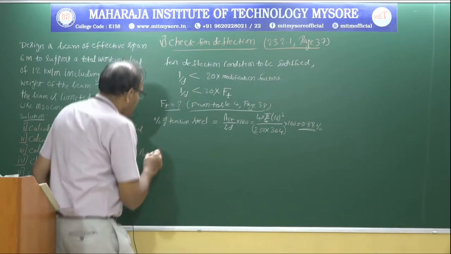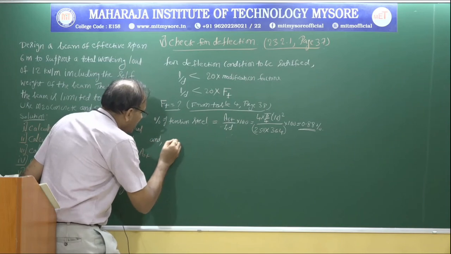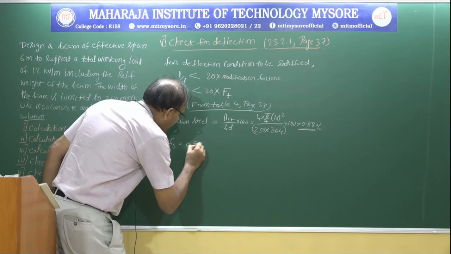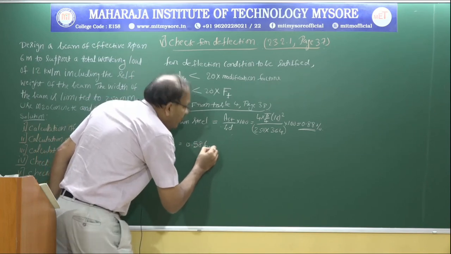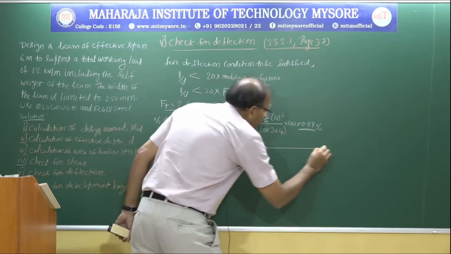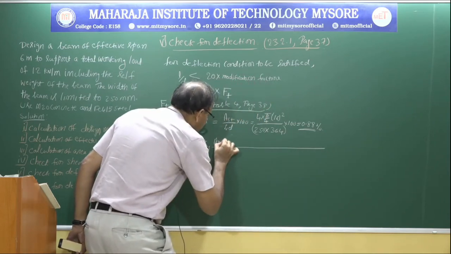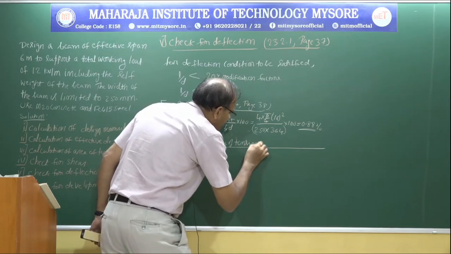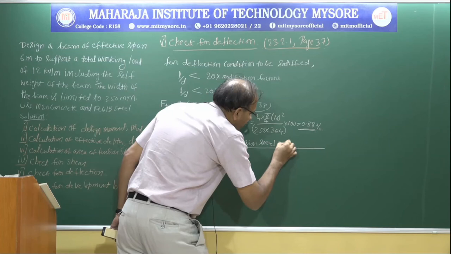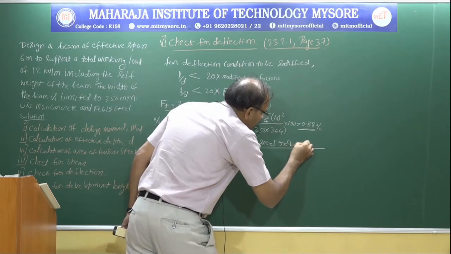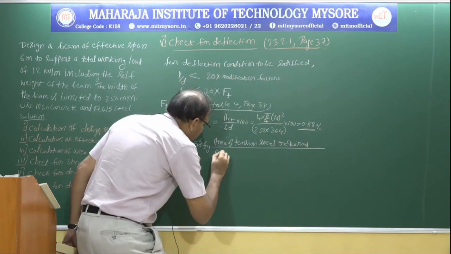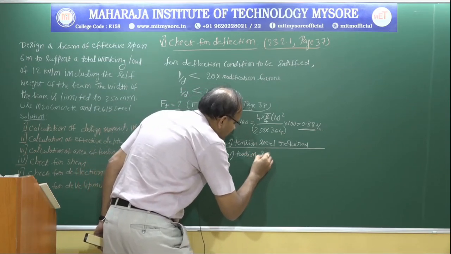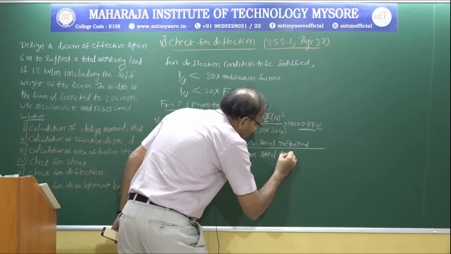Next, Fs equal to 0.58 Fy, multiplied by area of tension steel required, divided by area of tension steel provided.